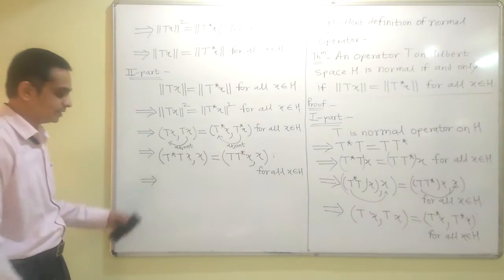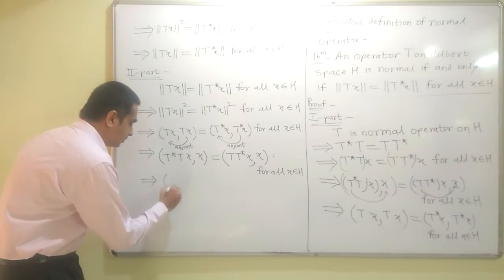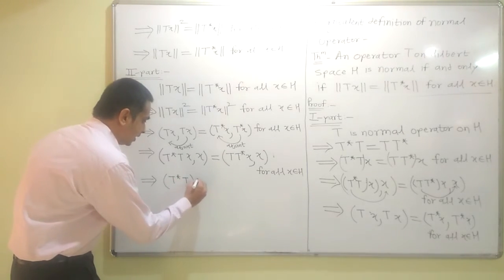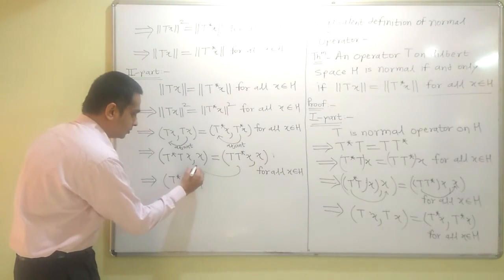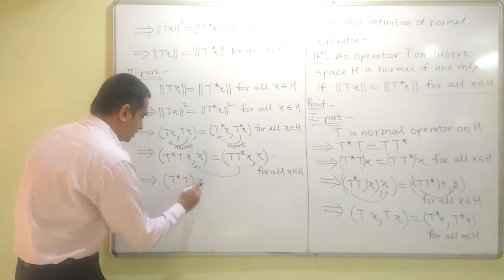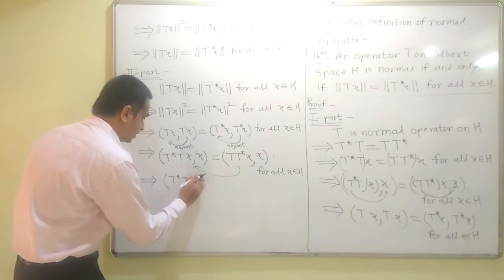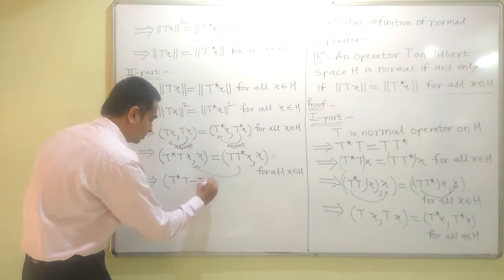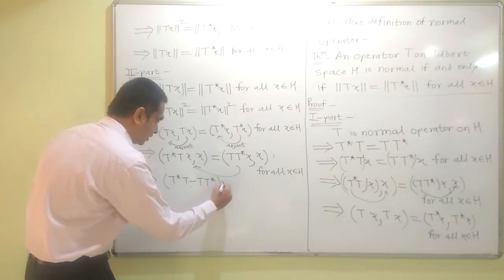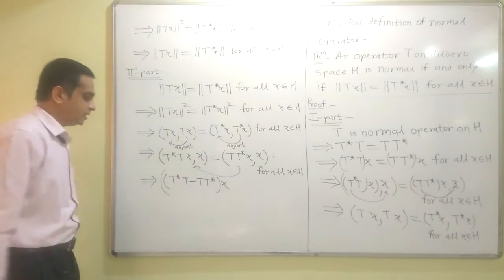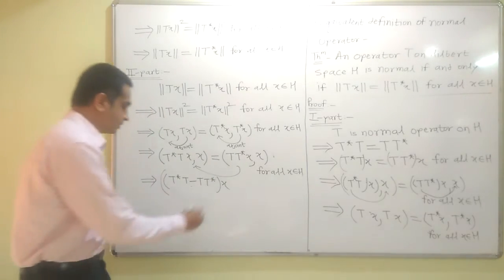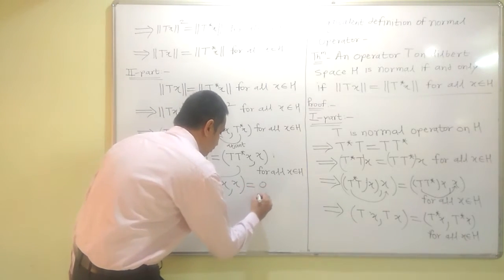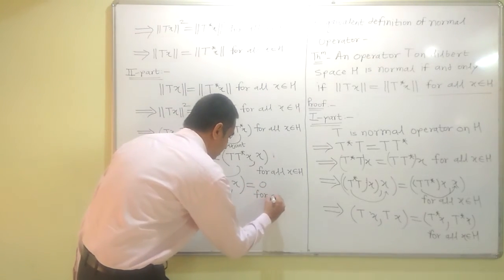So this implies inner product of T star Tx, shift this whole term over here, and then by using properties of inner product, I could write it as inner product of T star T minus T T star x and x is equal to 0 for all x belongs to H.